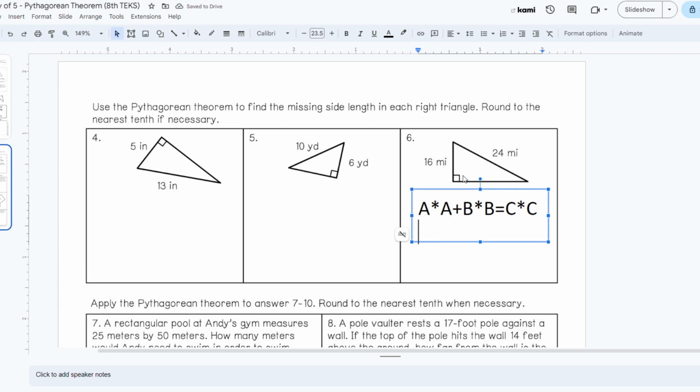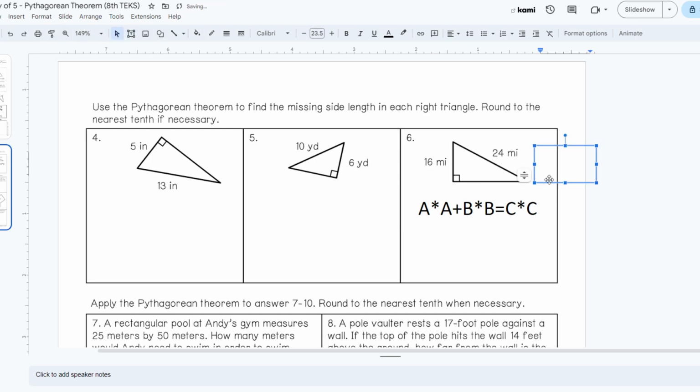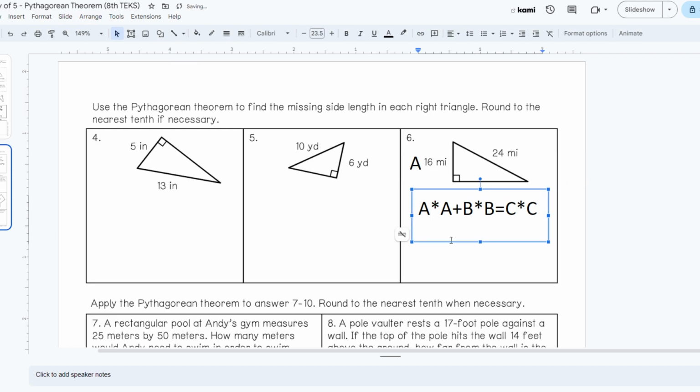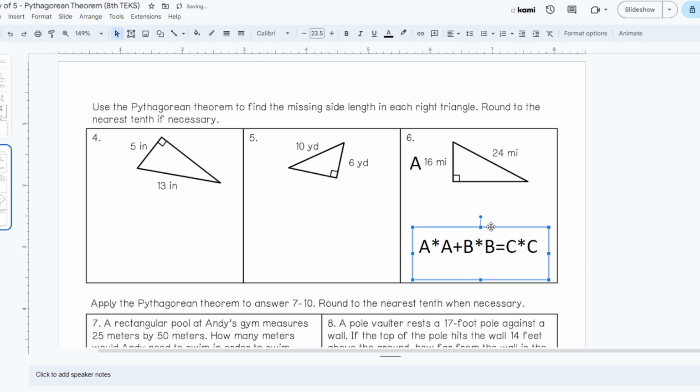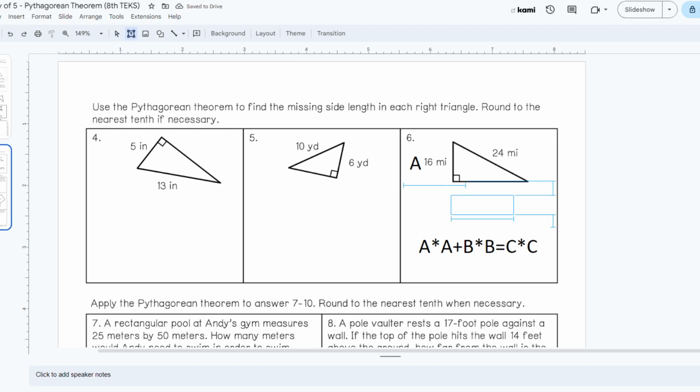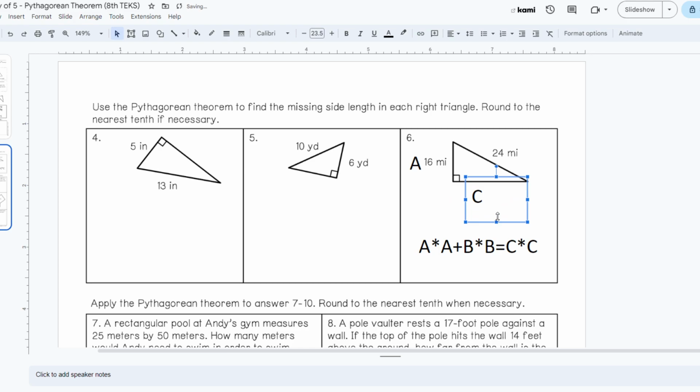All right. First we identify A, B, and C. So remember, A is always going to be adjacent. B is always going to be adjacent to our right angle. Sorry guys, I'm just a little flustered for almost starting a fire.